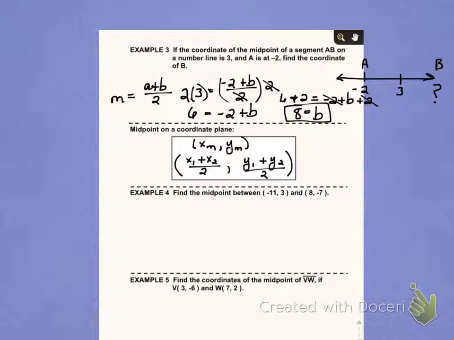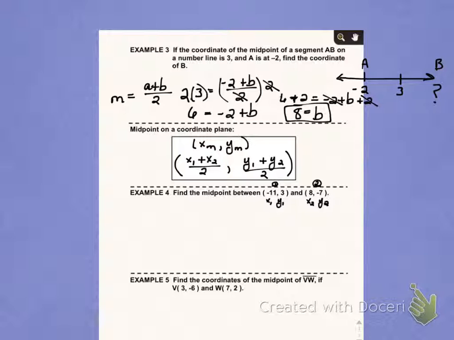First decide which one you want to be point 1 and point 2. So we'll say that this is point 1 and this is point 2. So that means this is X1 and Y1, and this is X2 and Y2. Okay?